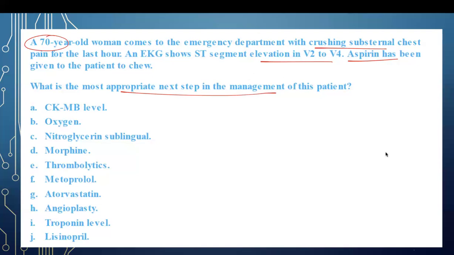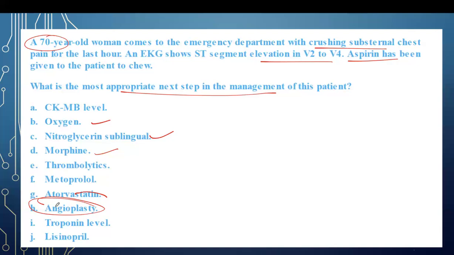Okay, most of you are right. Even though oxygen, nitroglycerin and morphine are all correct options, in the exam angioplasty or percutaneous coronary intervention will be your option to choose, because this is the only thing which can save the life of the patient, and we don't have any time to even think of doing anything else.